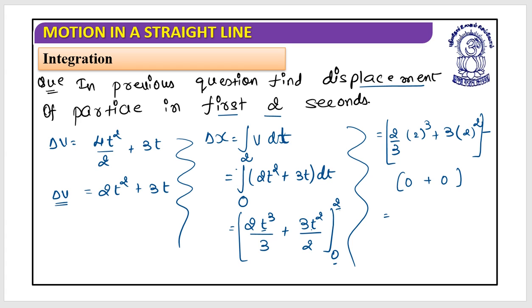So this would be equal to 2 multiplied by 8 divided by 3, that's 16 by 3, plus 3 by 2 fours, that's 6. So the answer is 16 by 3 plus 6, and solving it gives 34 by 3 meter.